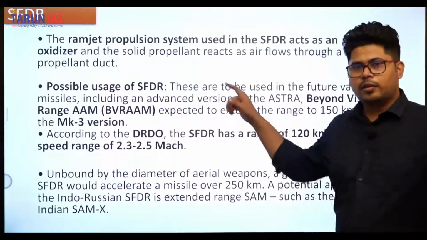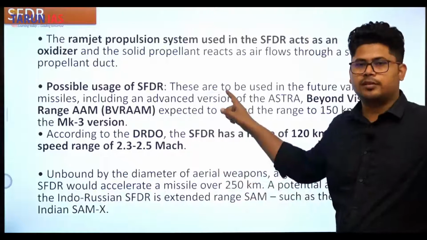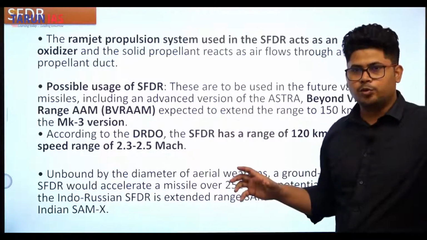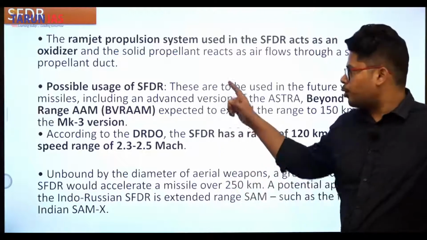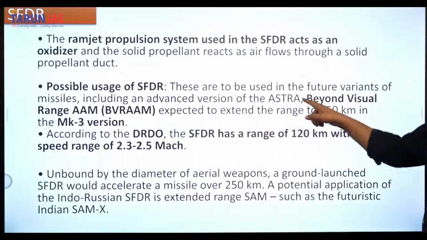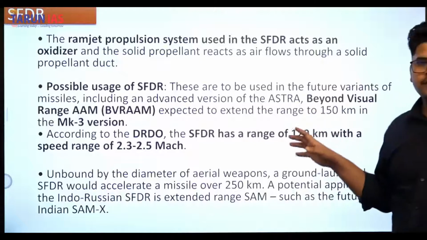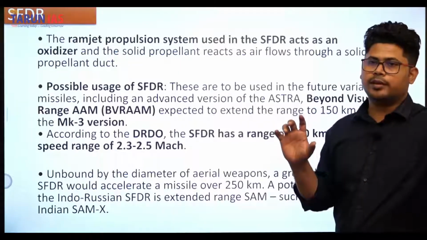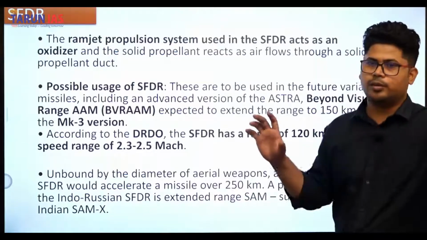Now what is important from the UPSC point of view is this slide. This is very important: where can this be used? The possible uses of SFDR are in Astra, a beyond visual range missile, because once it is ignited, it is going to burn till the end.